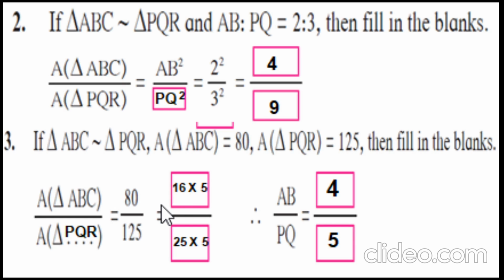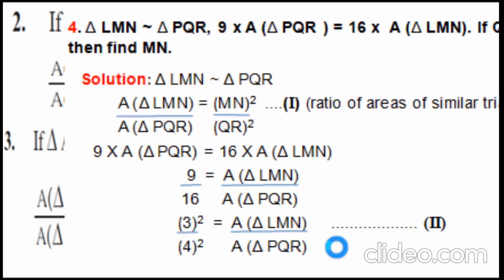Now, by taking factors, 80 is 16 into 5 and 125 is 25 into 5. So 5 cancels, and 16 upon 25 is the answer. By taking the square roots of 16 and 25 we get AB upon PQ is equal to 4 upon 5. So 4 is the square root of 16 and 5 is the square root of 25. Next question.